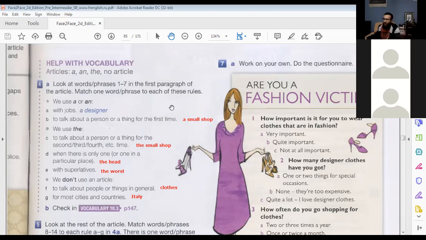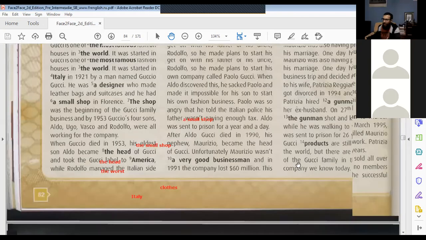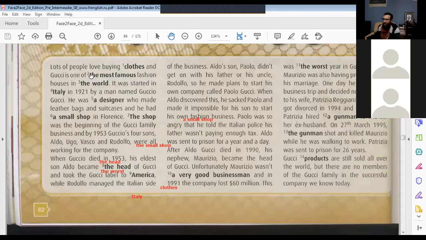If you go back to the article, can you see? Lots of people love buying clothes. Here we're not talking about one kind of clothes, but clothes in general. If you're talking about something in general, there's usually no article. You won't use a or the. Do you get the idea?